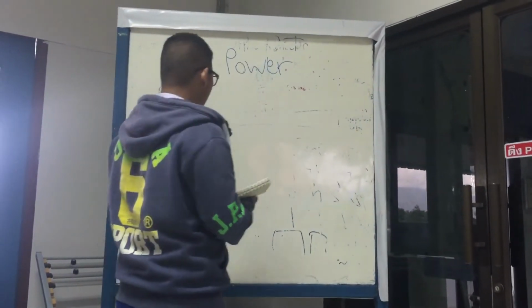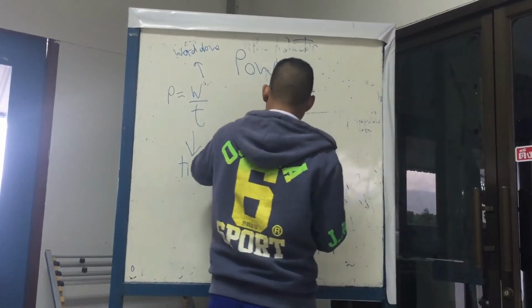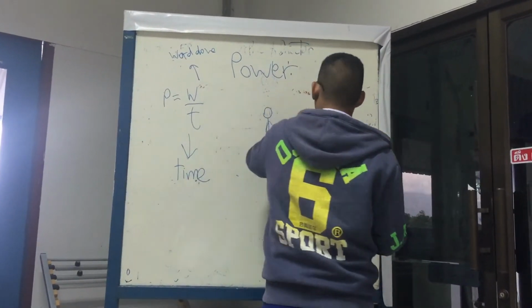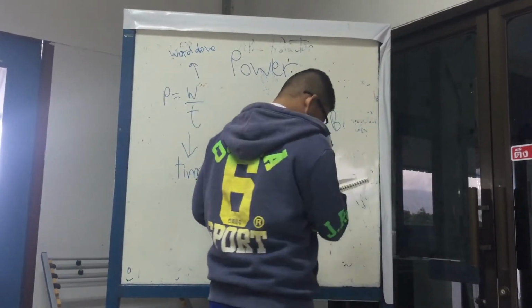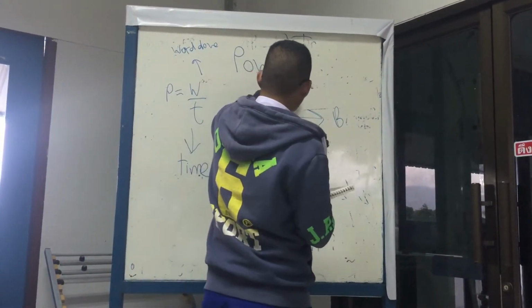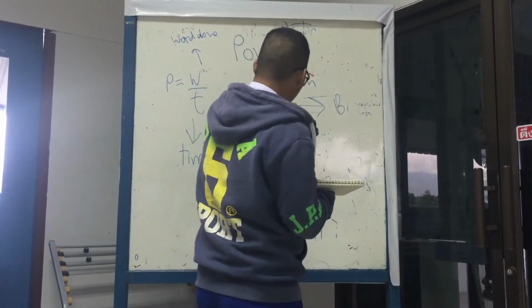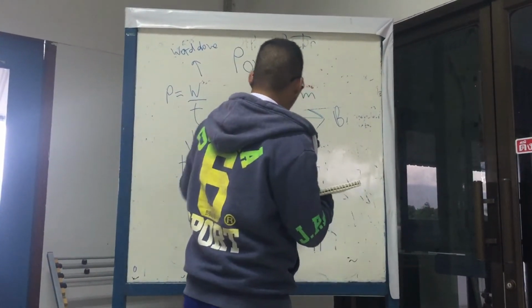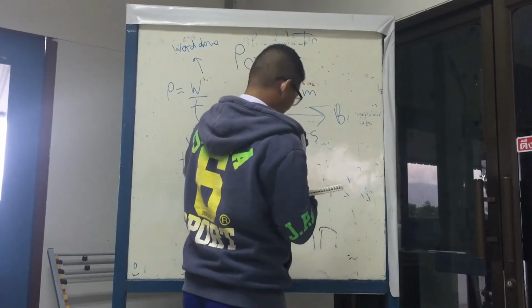The example is the man walked to point B. The distance is 2 meters, and he used 5 seconds to go to point B and used 2 Newtons.